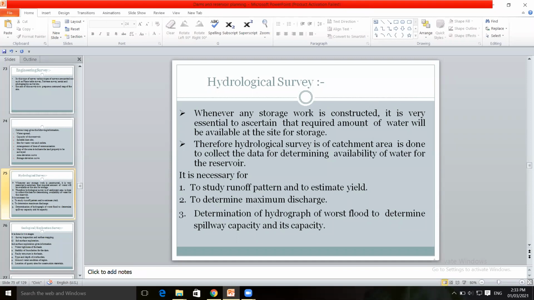From the hydrological data that we have, we calculate the amount of water that will be required for supplying water to a particular city or town, and the availability of water for storage that may be required for water supply or irrigation purposes.